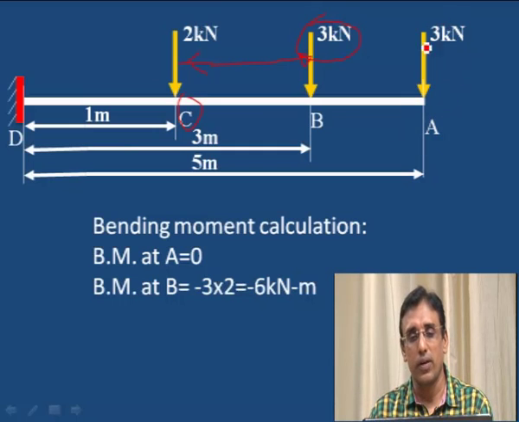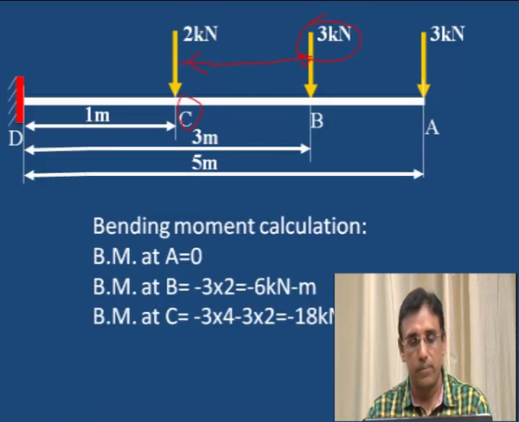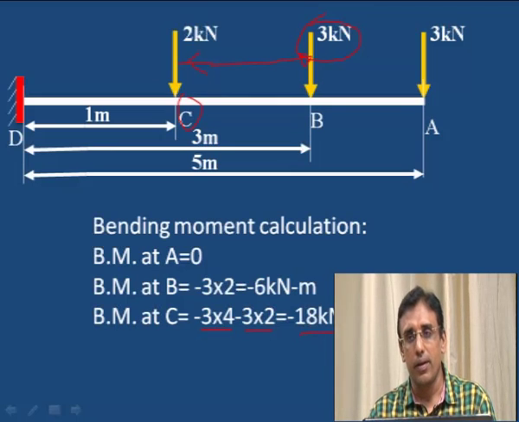This is the 3 kilonewton into distance 4, and then 3 kilonewton into distance 3 minus 1. Here 3 meter from D to B minus 1 meter from D to C, 3 minus 1, that is 2 meter. Minus 3 into 4 for the first point load, and for the second point load minus 3 into 2, that will be equal to minus 18 kilonewton meter, the bending moment at C.